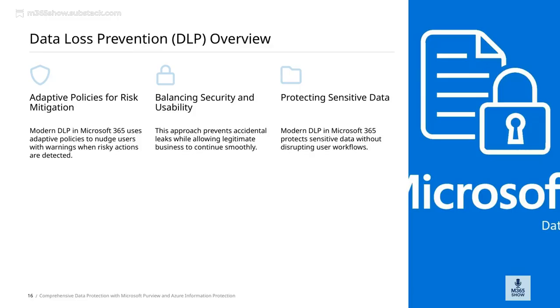Instead, they gently nudge users with warnings when risky actions are detected, helping to mitigate potential data risks in real time. This way, security becomes part of the user experience rather than a hindrance, reinforcing good data practices across your organization. So, in essence, modern DLP in Microsoft 365 is about protecting your sensitive data effectively while keeping your users empowered and workflows intact.